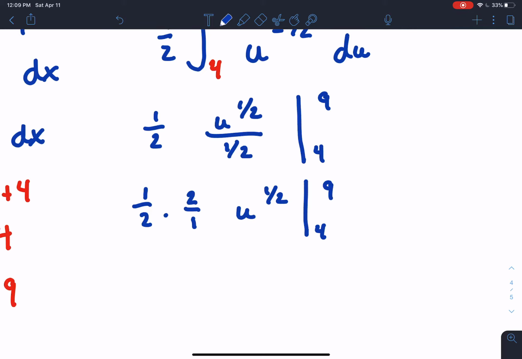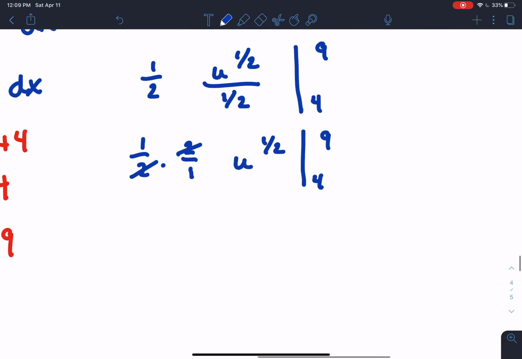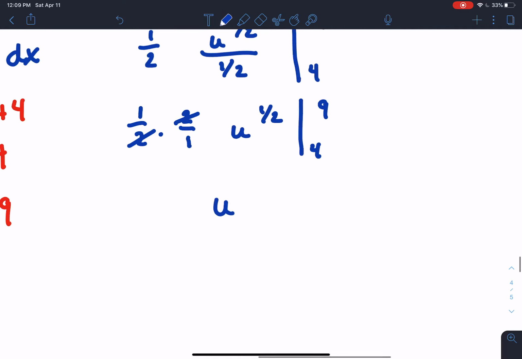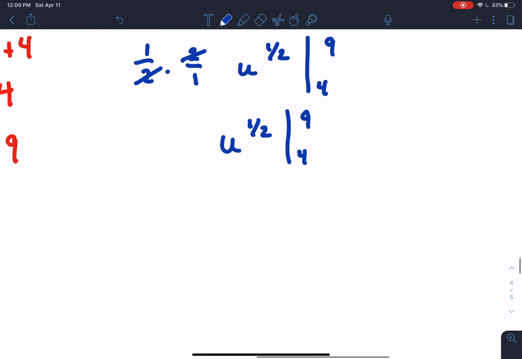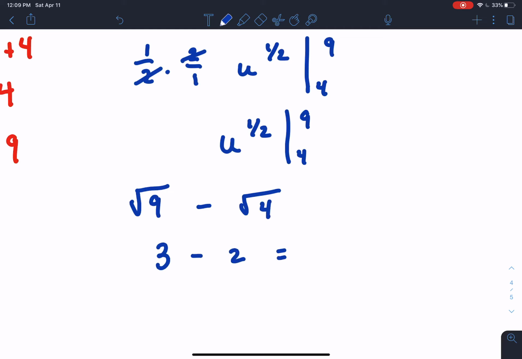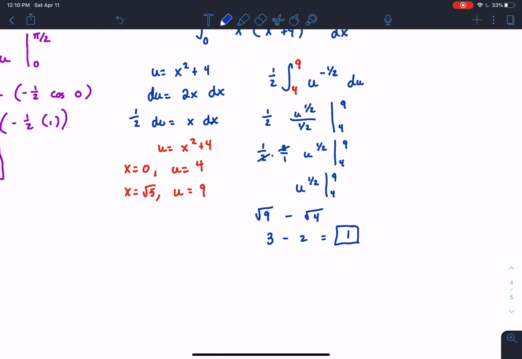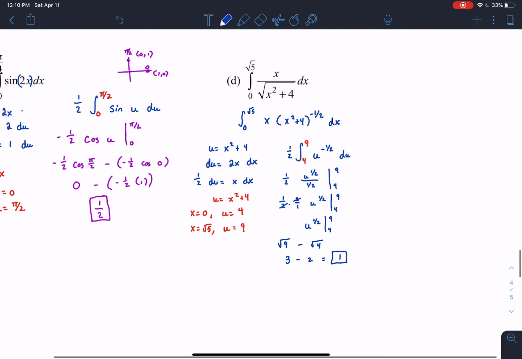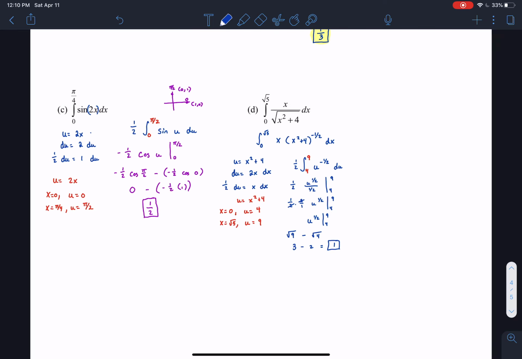Obviously the 1/2 is going to cancel out the 2, so you just have u to the 1/2 from 4 to 9. Now u to the 1/2, you're just taking the square root. So you got the square root of 9 minus the square root of 4, so you got 3 minus 2, or just 1. All right, so that's how you do definite integrals now with u-substitution.